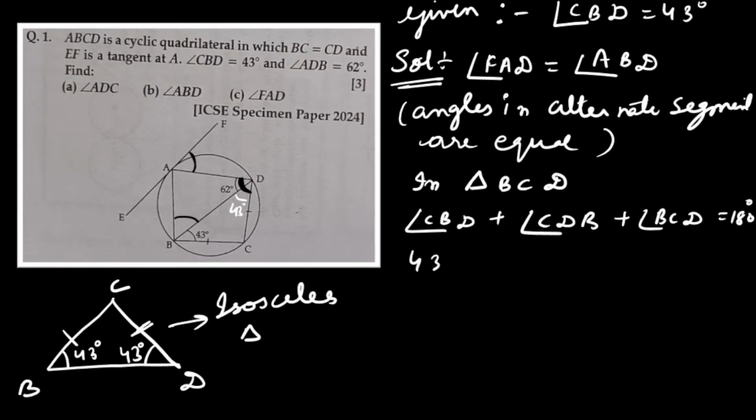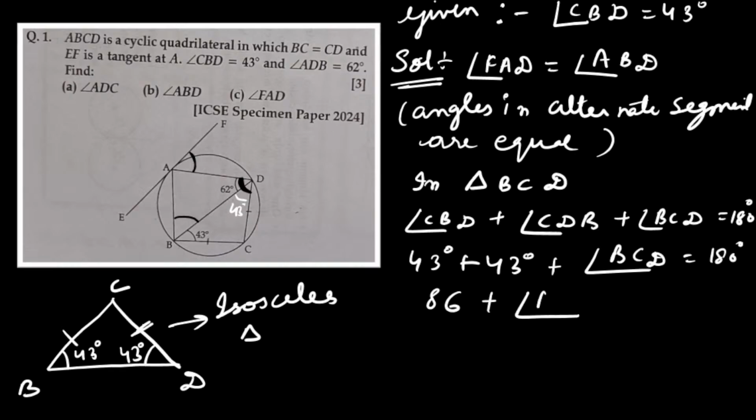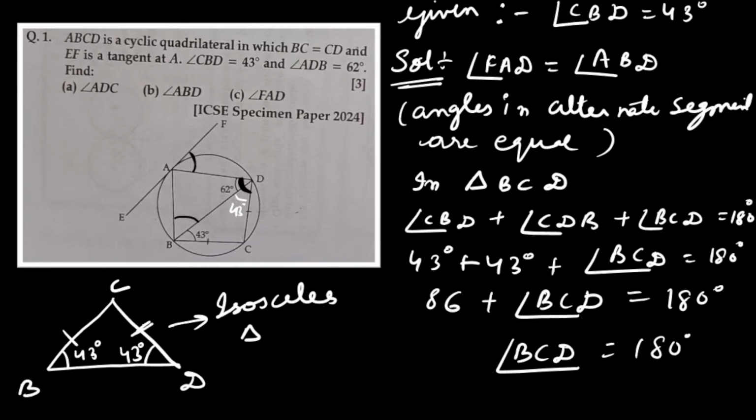CBD is 43 degrees, this is also 43 degrees, and BCD we can find. 43 plus 43 is 86. So 86 plus BCD is equal to 180 degrees. So angle BCD is equal to 180 minus 86.